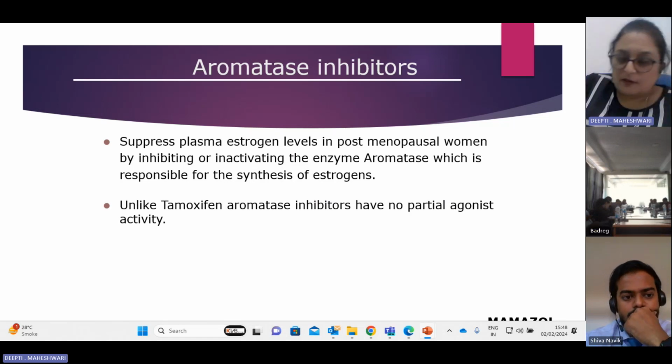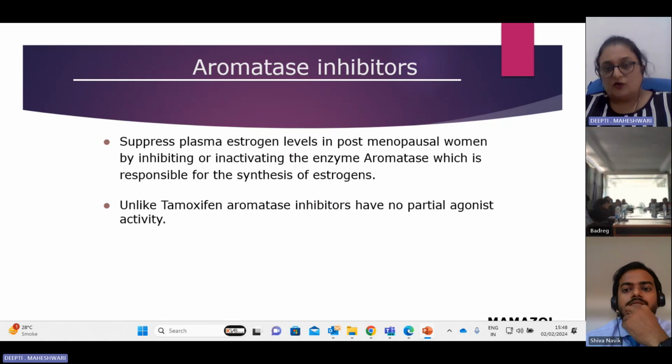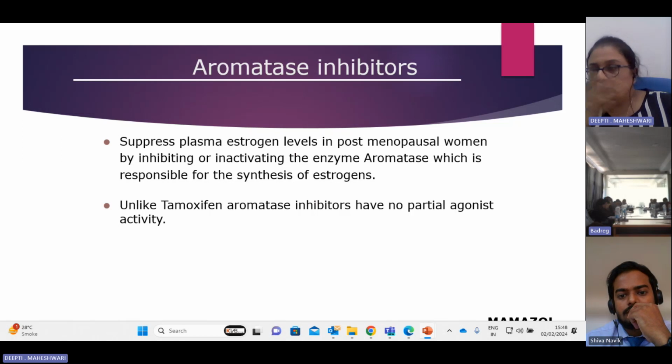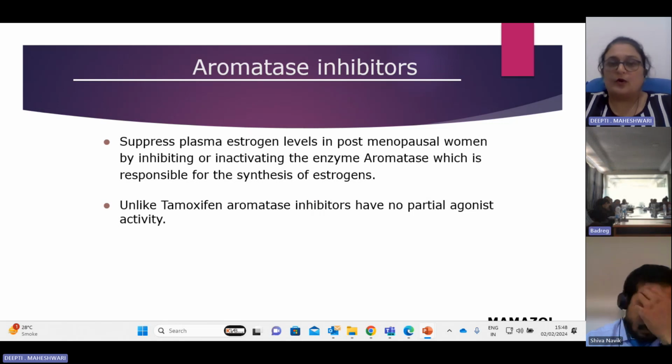We saw estrogen is responsible for 75% of the females who are suffering from breast cancer. So the purpose of any treatment is to either inhibit estrogen or remove the estrogen from the circulation. We have seen tamoxifen can be given for premenopausal and postmenopausal women, but there are aromatase inhibitors like letrozole and anastrozole, which can be given only for postmenopausal women.